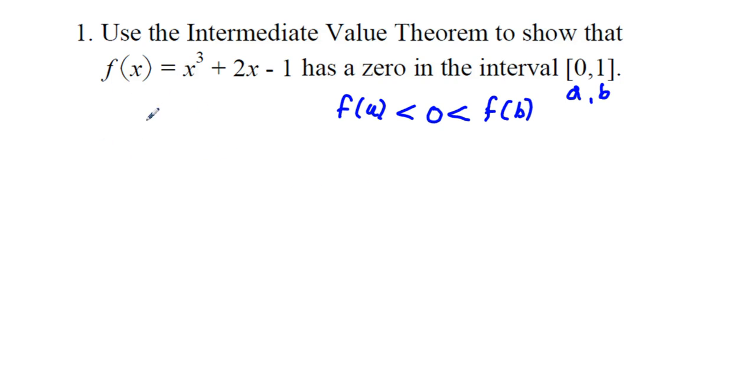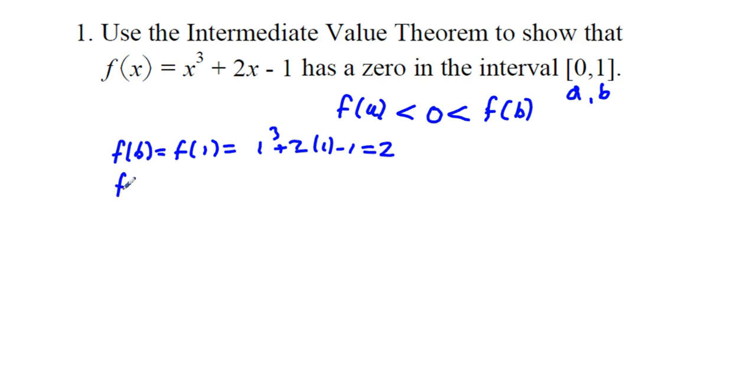So let's go ahead and find f of b. f of b equals f of 1, which equals 1 cubed plus 2 times 1 minus 1. Well, 1 minus 1 cancel each other, so we get 2.